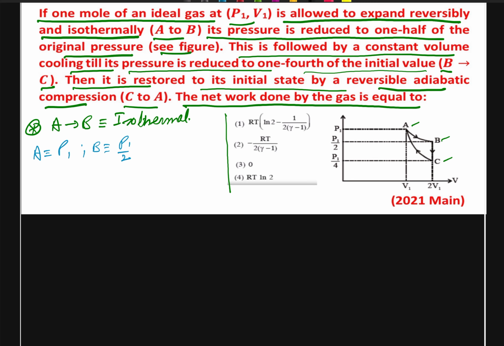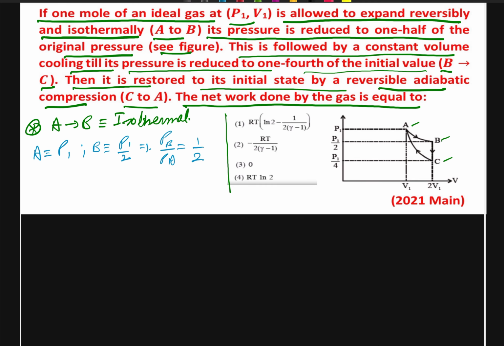Therefore, we can say the ratio of pressure at B upon A will be equal to 1 by 2.